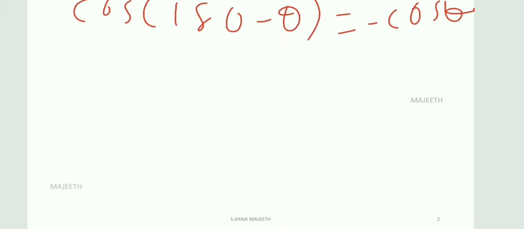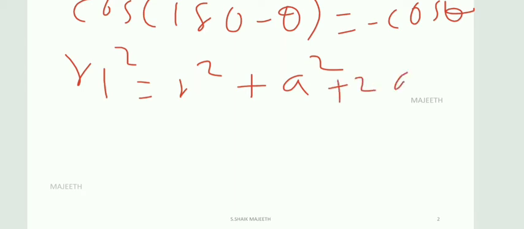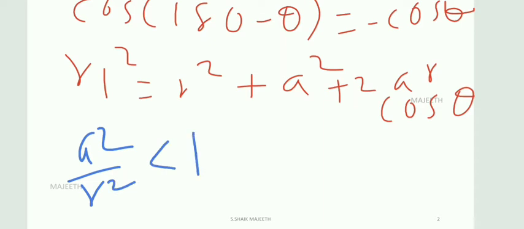So substituting, r2 squared is equal to r squared plus a squared minus 2ar cos of 180 minus theta, minus minus cancel, so it becomes plus 2ar cos theta. Similarly, as in the previous derivation, a squared by r squared we neglected, being less than 1.